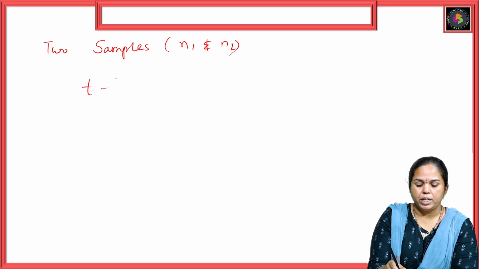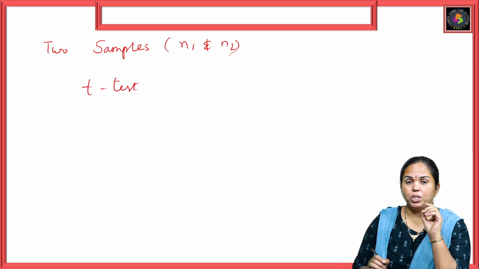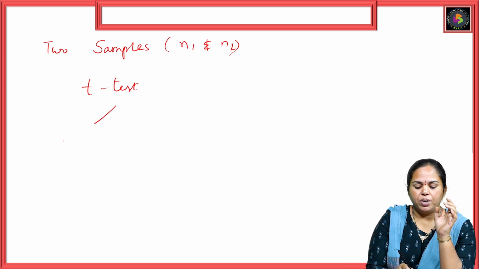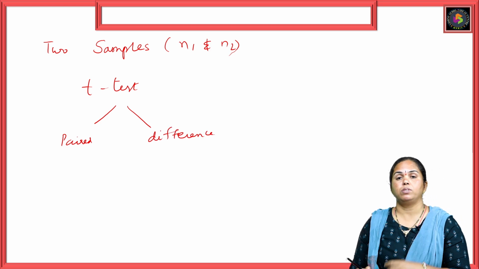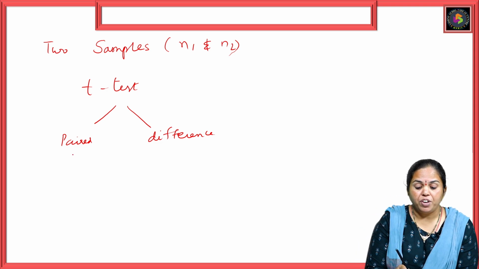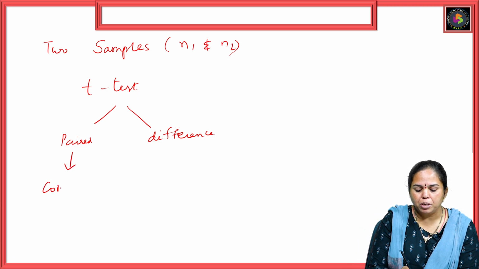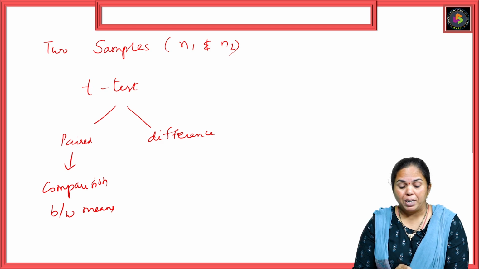So your t-test, from this point of view, many students will be having a doubt whether we have to use paired test or difference of t-test. So usually we use the paired test whenever we have a comparison between the means.